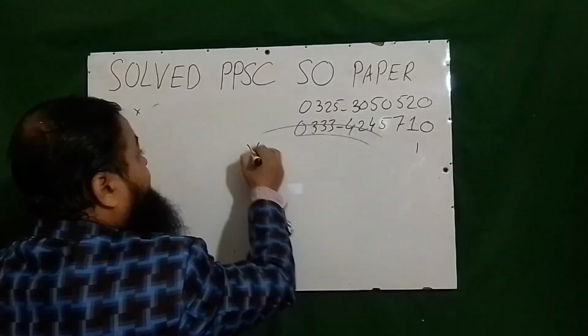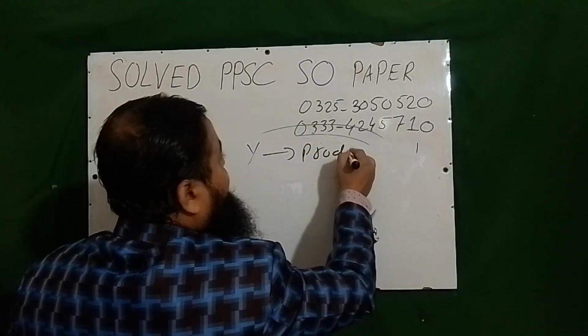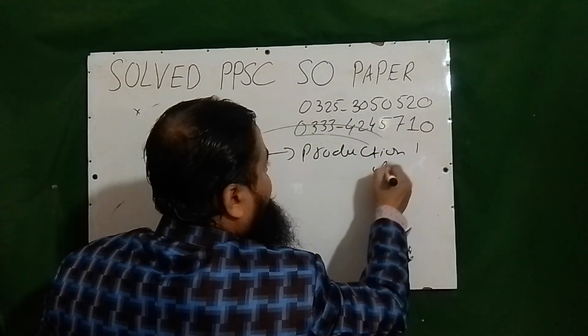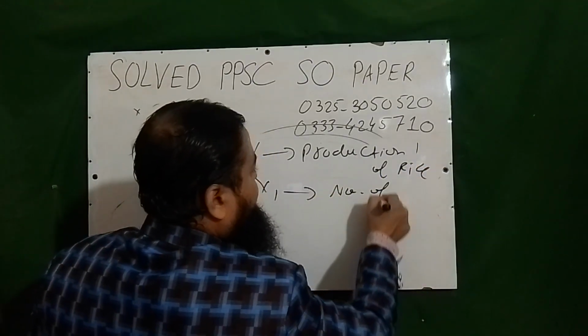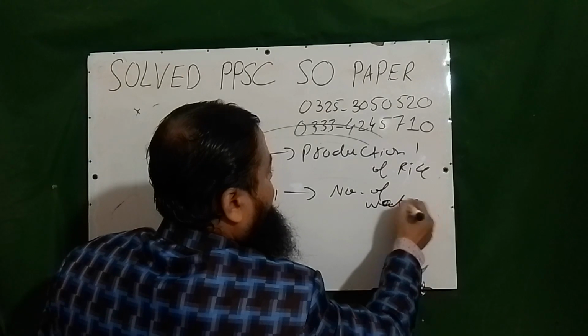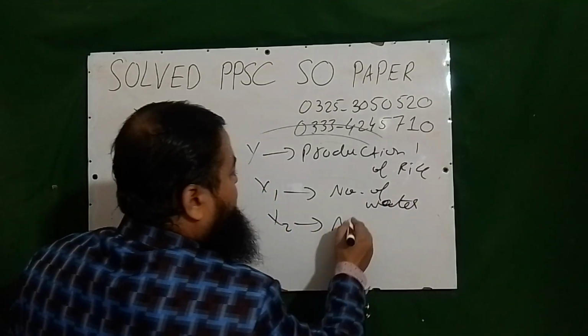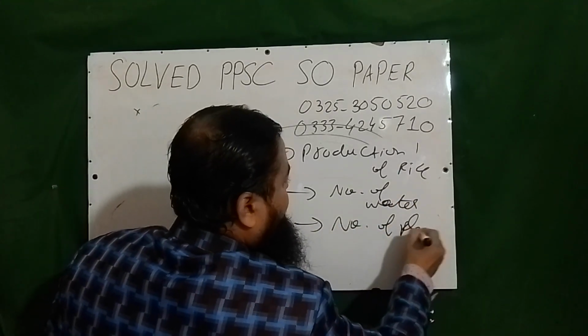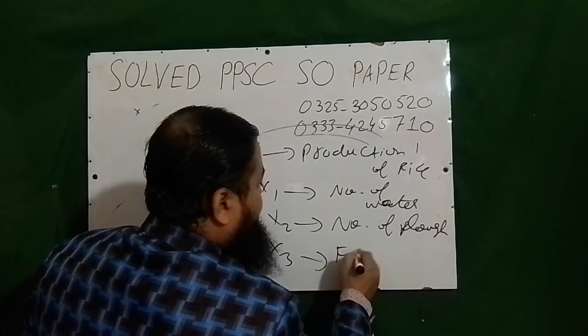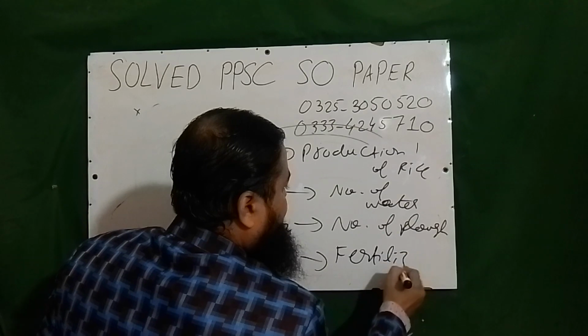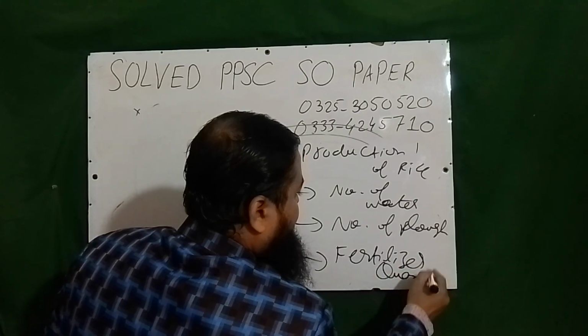For example, y is production of rice. X1 is number of waters. X2 is number of plows. X3 is fertilizer quantity.